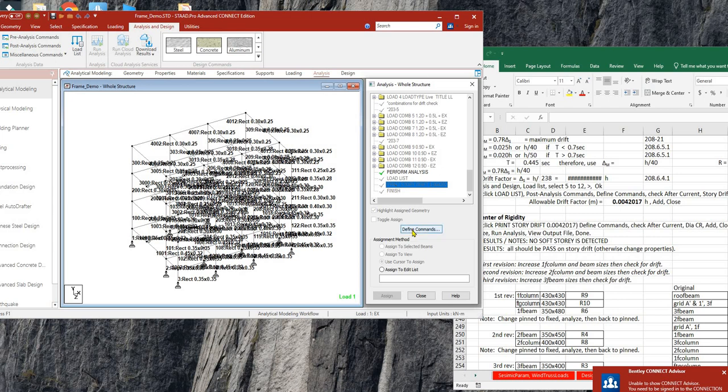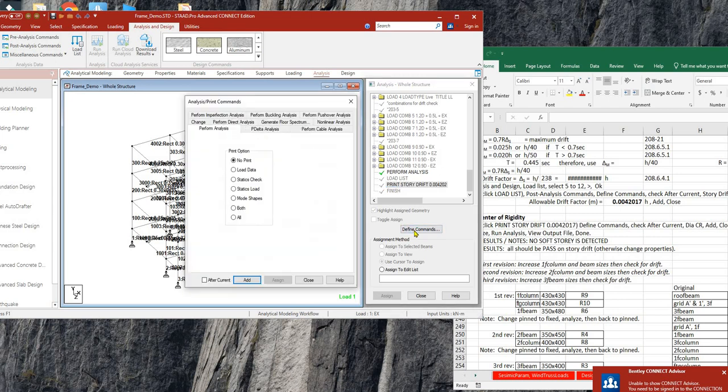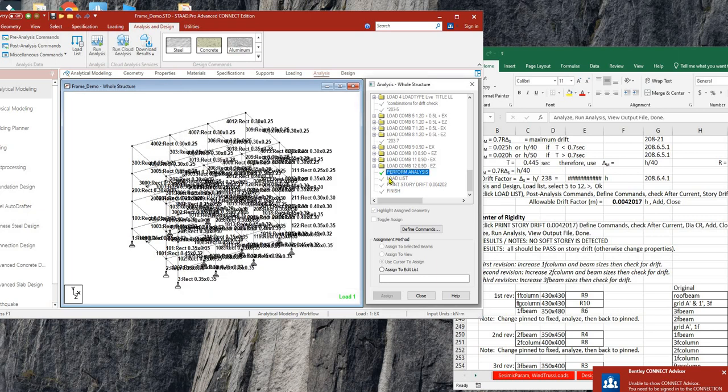Tapos, click define commands here. And then, i-check after current. Okay, ulitin ko. Let us click print soft story drift. Tapos, i-click natin si post analysis commands.